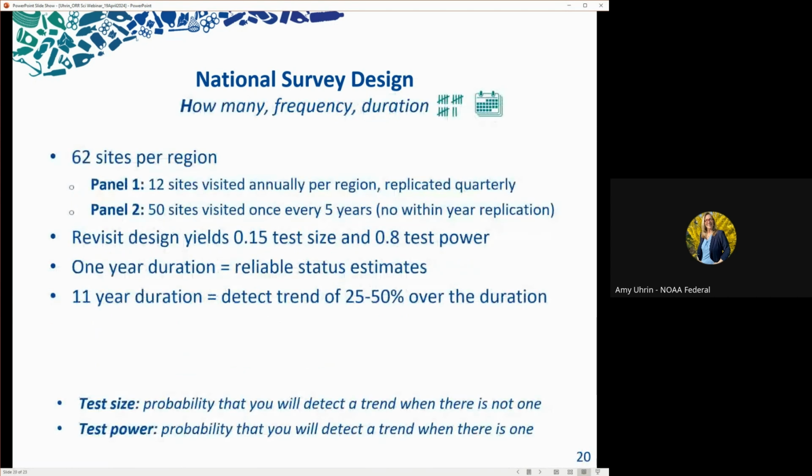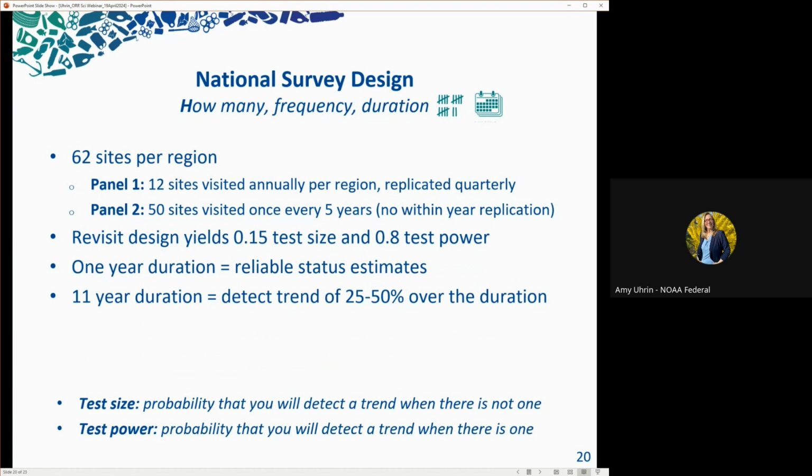But for the purposes of this exercise, we're just going to cut to the chase and tell you what we found out from this power analysis. So in the end, it was recommended that we should survey 62 sites in each of our 10 regions, and that this sampling should consist of a panel of 12 sites that are visited every year.